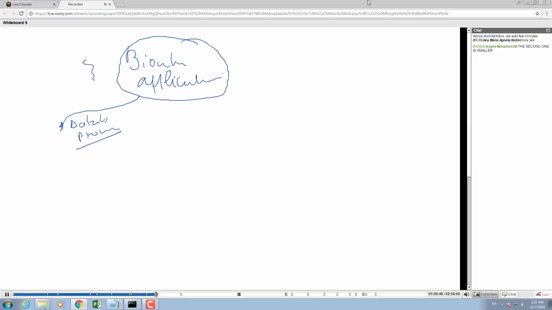You can be involved in this biometric application from a data processing point of view. What does it mean? It means you need to know how to process data. So you need signal processing, image processing, video processing, and algorithms in general.